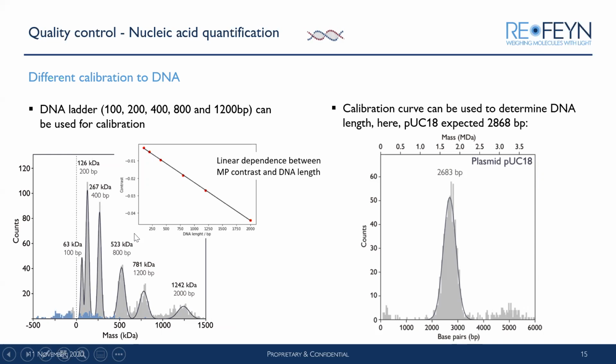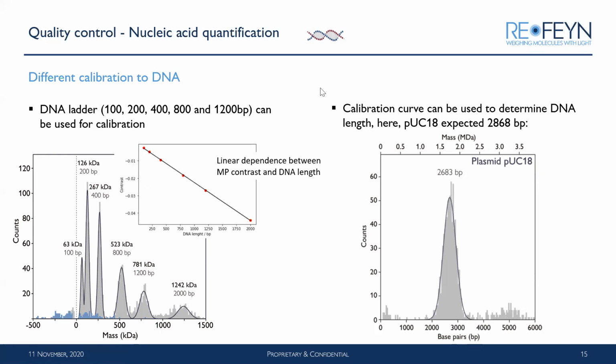So it's DNA length versus the contrast, and you can see the nice linear dependence of the contrast on DNA length. Using this calibration, you can estimate the length of your DNA.